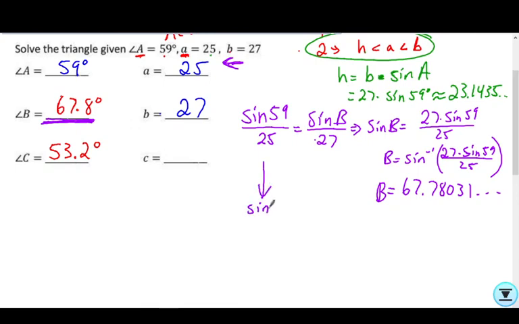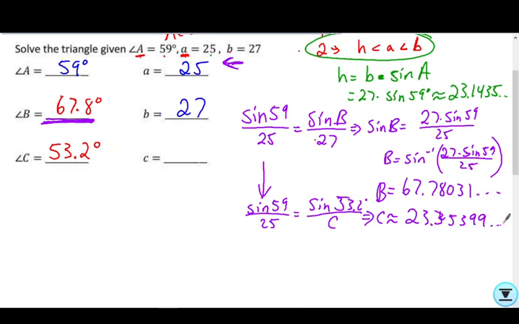So it's sine of 59 over 25 equals the sine of 53.2 degrees over side C. Cross multiply, solve for C, and the calculator gives us 23.35399, blah, blah, blah. When you round, you get C is approximately 23.4.